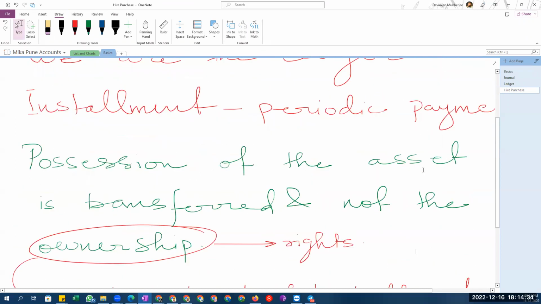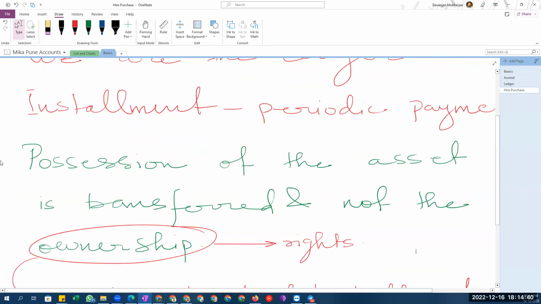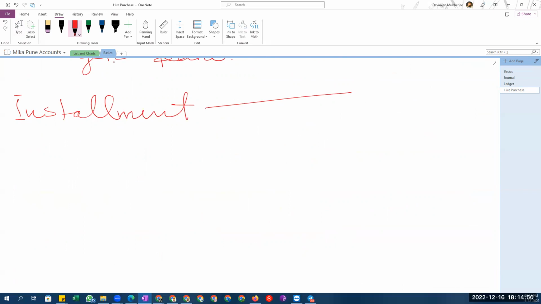Now, furthermore, there are two more things that we need to remember. This is a point about the installment itself: the installment has two parts in it.